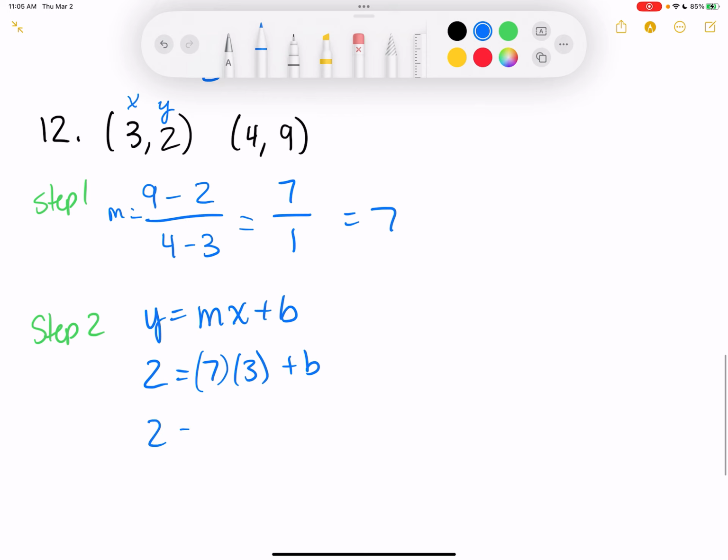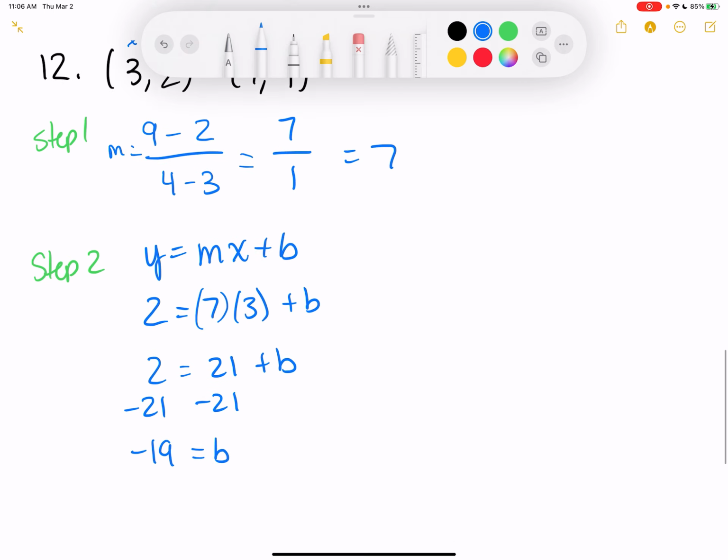So then 2 is equal to 7 times 3, which is 21, plus b. Then I subtract 21 from both sides. So 2 minus 21 is negative 19 is equal to b. So I've got my slope, I've got my y-intercept now.